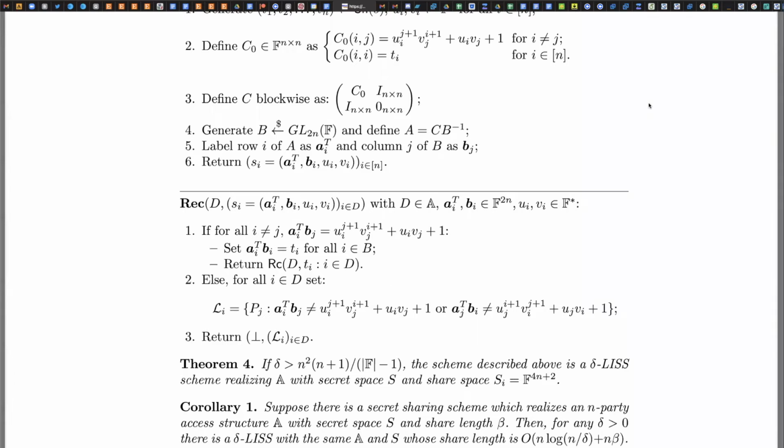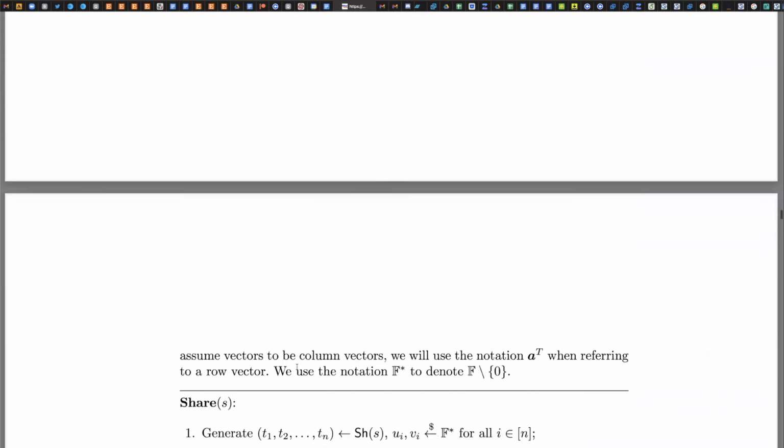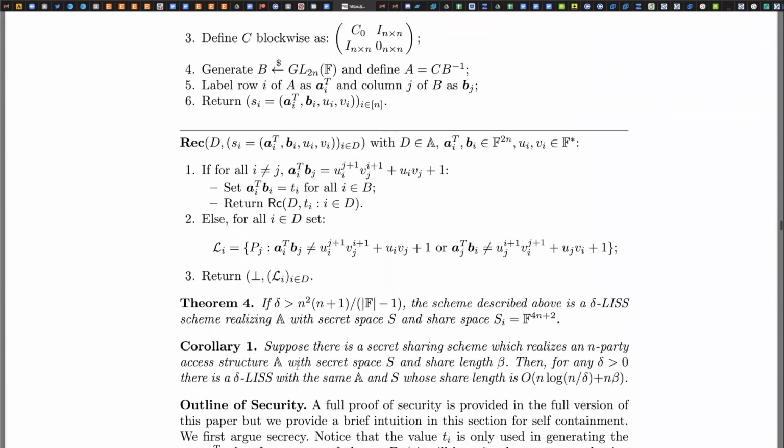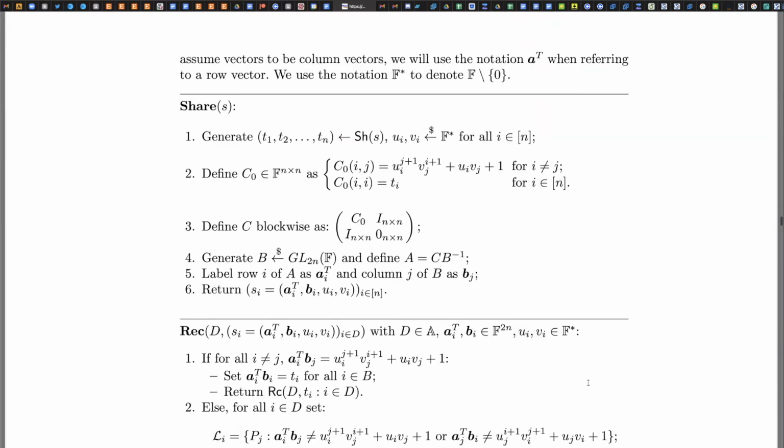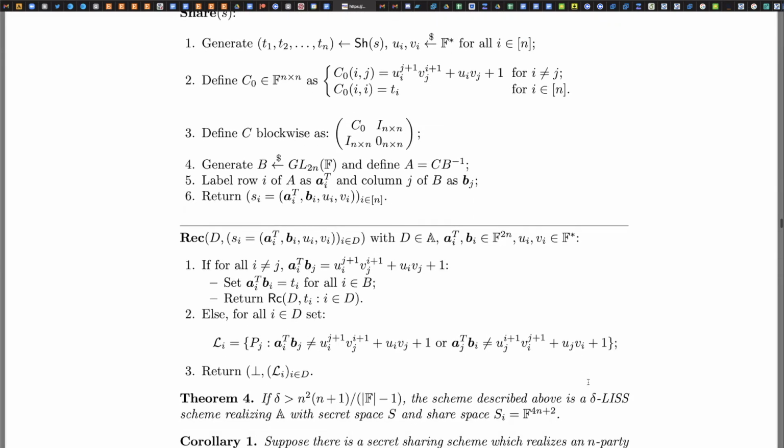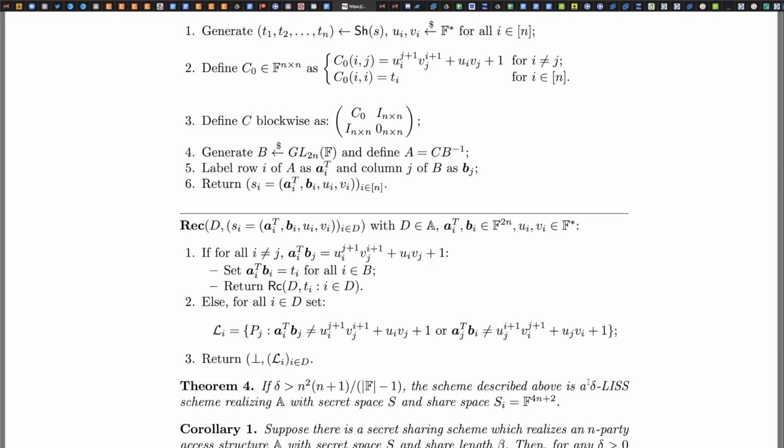So the level of security is directly correlated to the size of the field. So their theorem: delta is some parameter, and for all delta greater than 0, you get the secret sharing property.